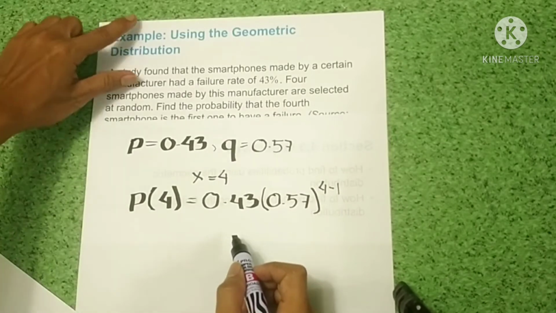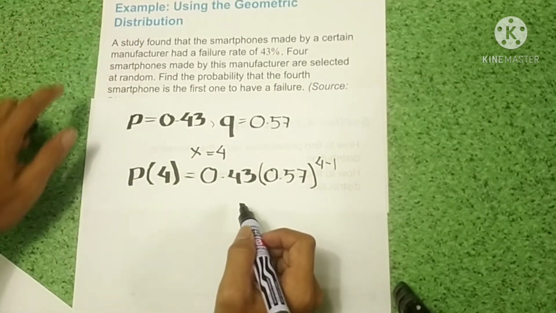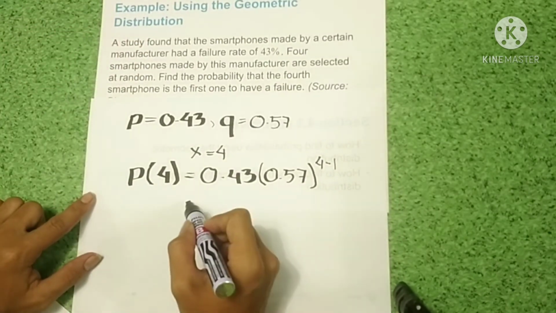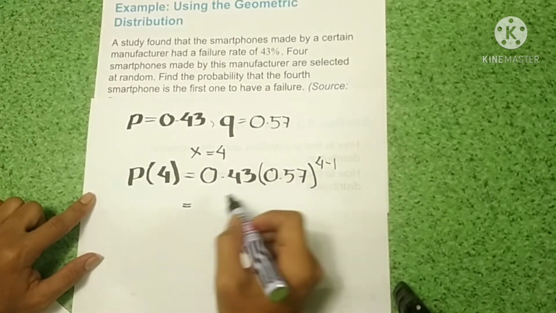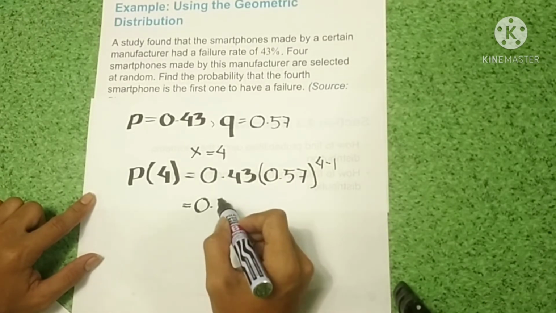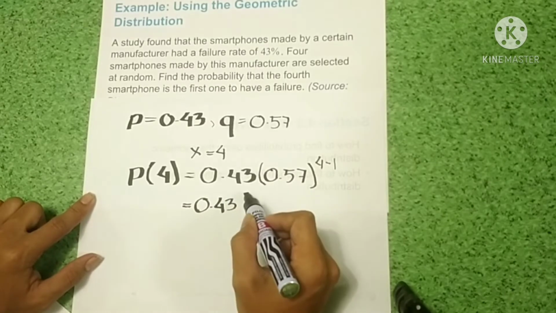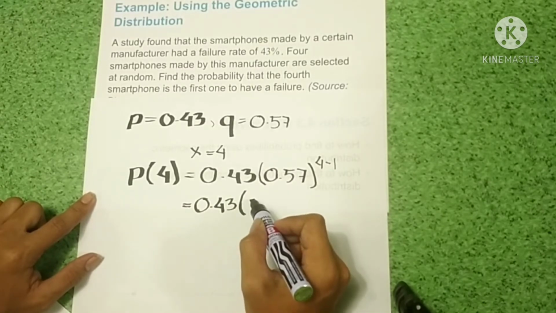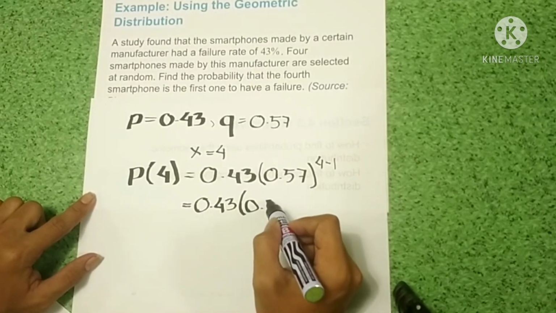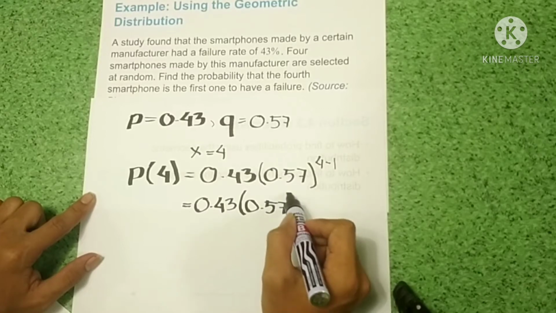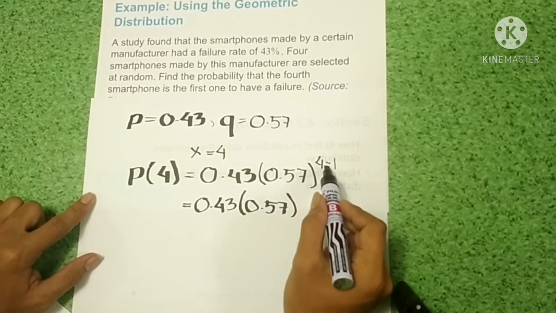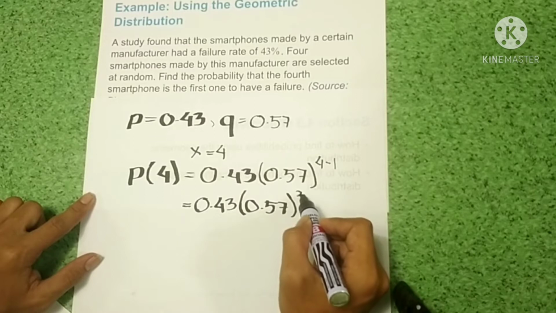Now we're going to subtract the power. So 0.43 times 0.57, where 4 minus 1 is 3.